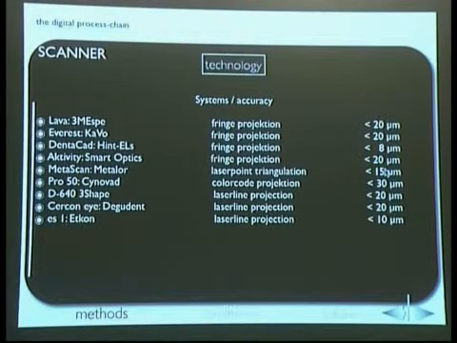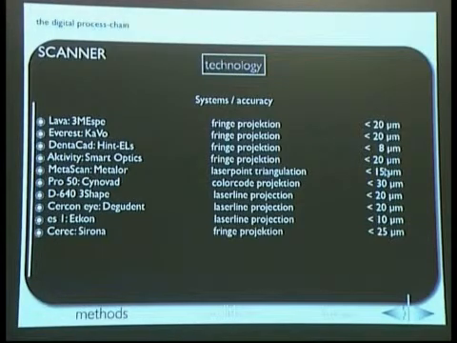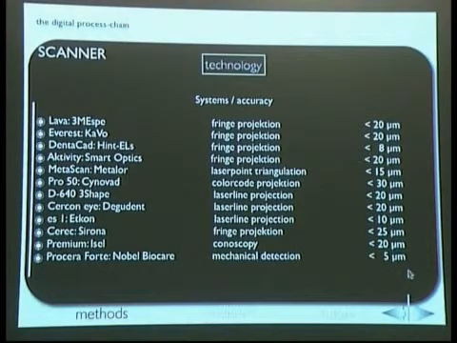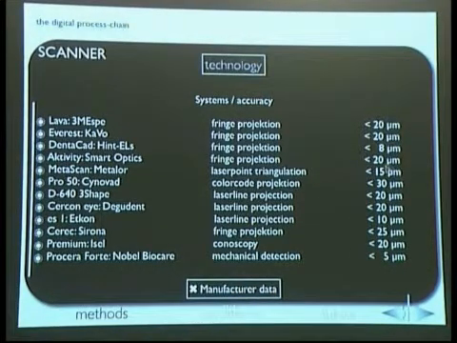But the problem we have in all this is that all this is manufacturer data. These are not data coming from independent institutes, they are manufacturer data. What I take here is only from the lectures of the manufacturers, putting the microns inside.